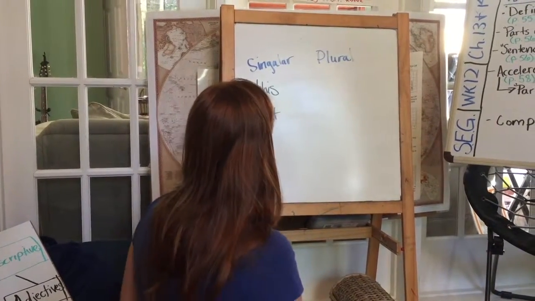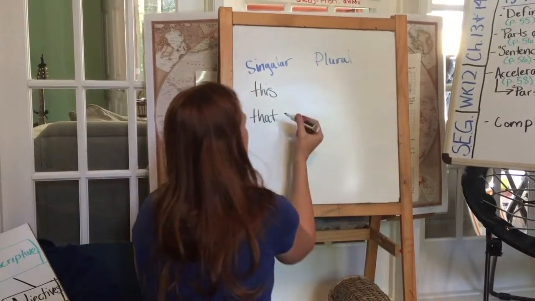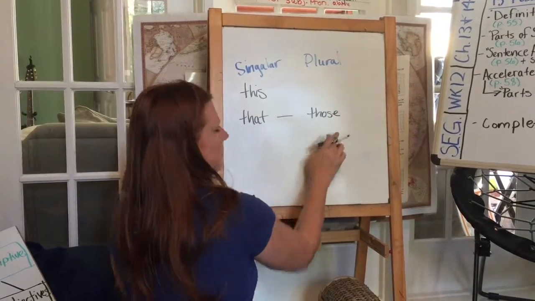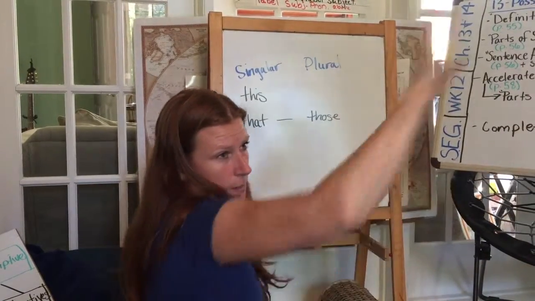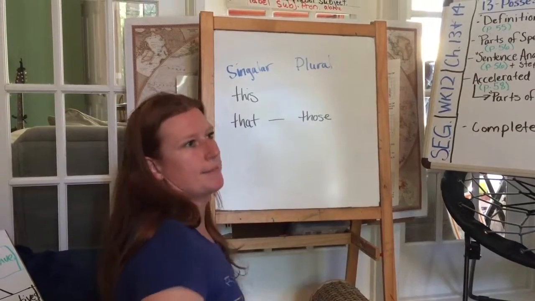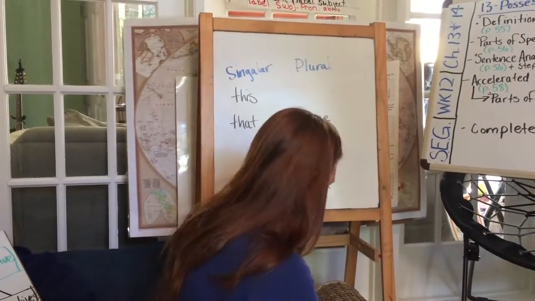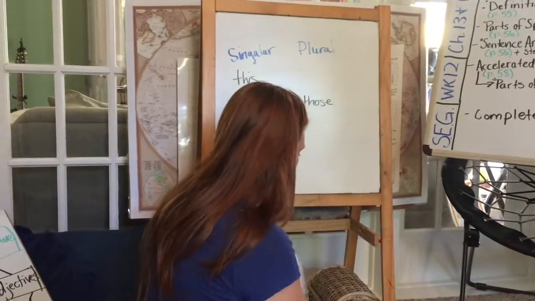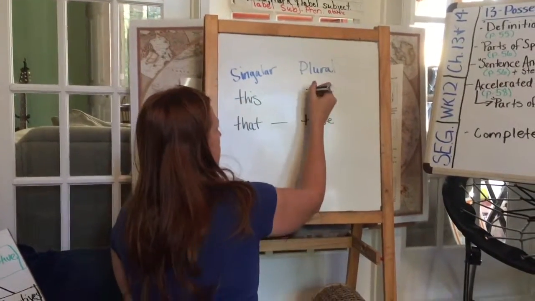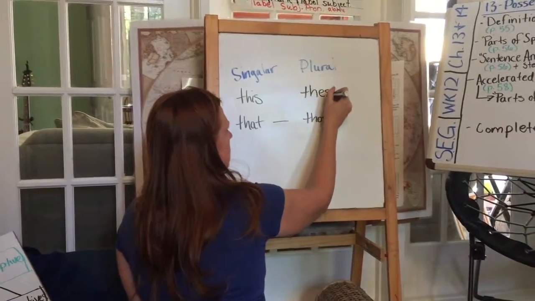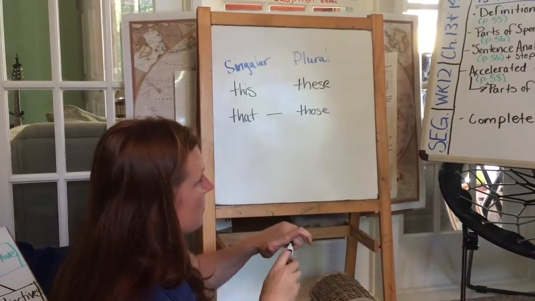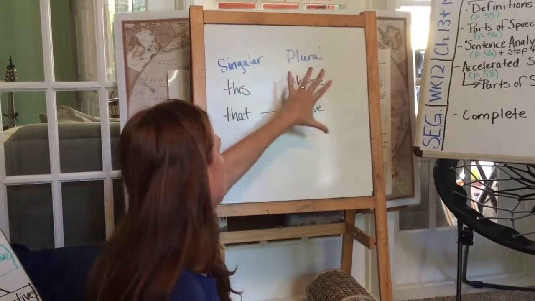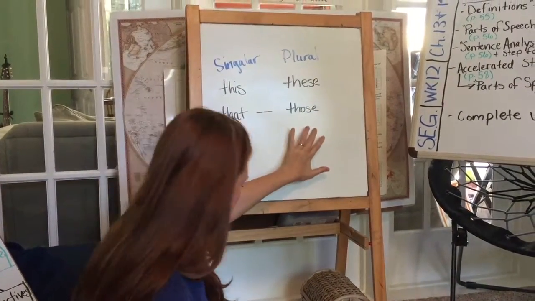Those would be the plural version of that. If I was talking about more than one over there, I'd say those books, right? But if I had these books, I'm talking about the ones that are close to me. That's the plural version of this. So with our demonstrative adjectives, we have singular and plural. This, these, that, those.